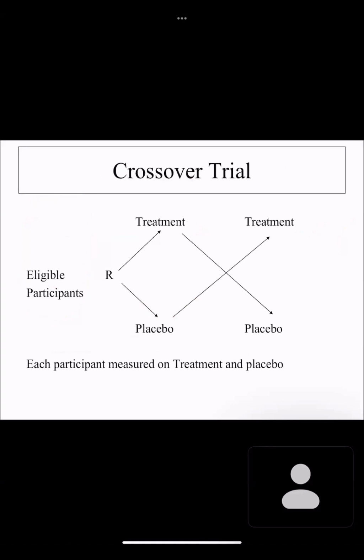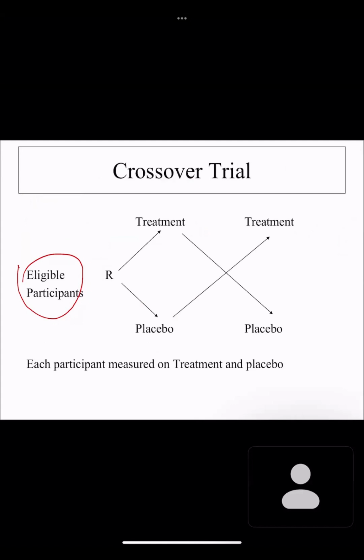It's like in a crossover trial: we have eligible participants, you give them treatment and you see what happens, then you change to placebo. And the other people, it's the same: you give placebo, then you give the treatment. So it's the same people, but given two types of treatment.